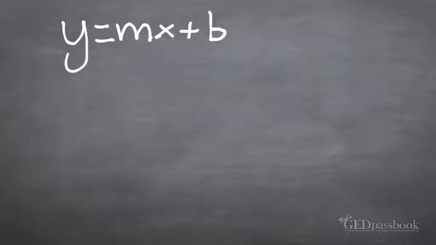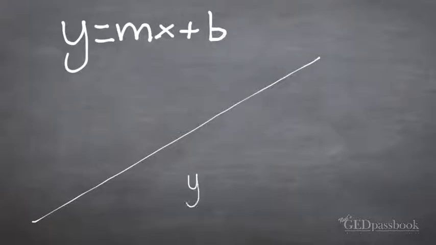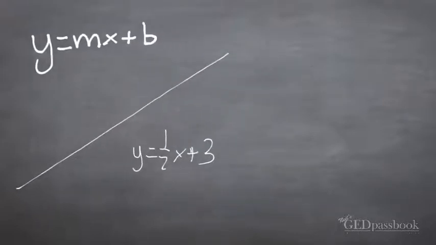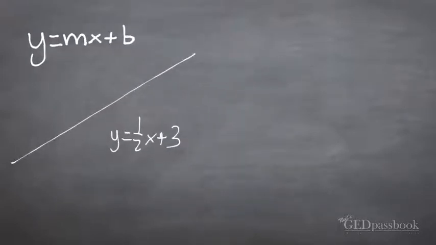Don't know what that means? Just think of it like this. This is the way that the name of a line will look. For instance, let's say we draw a straight line, it can be written out like y equals 1 over 2x plus 3. You don't have to write what I'm doing right now, I prefer you follow along.